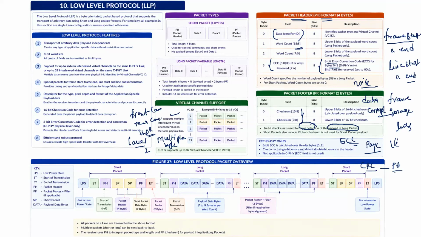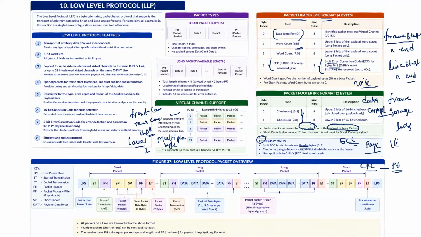ECC is used to identify whether the error is in the packet header or not. So CRC will identify that your payload has errors, and ECC will identify and correct errors in your header, whether the error is there or not.